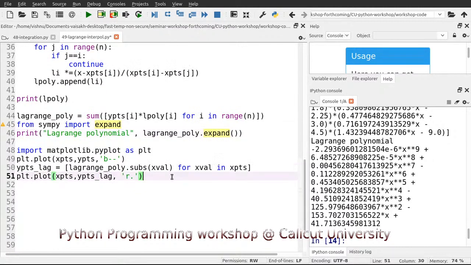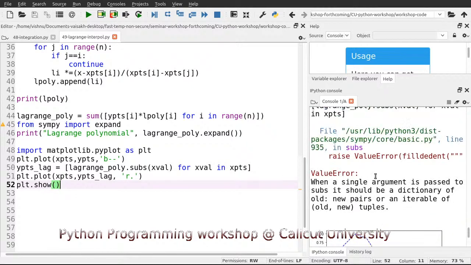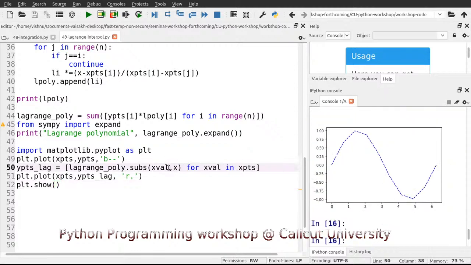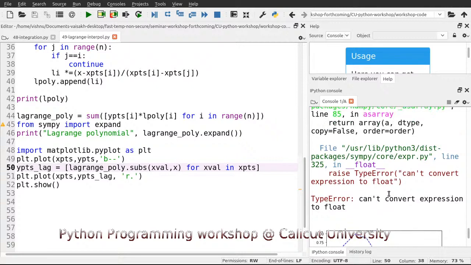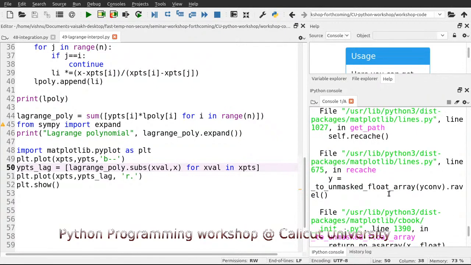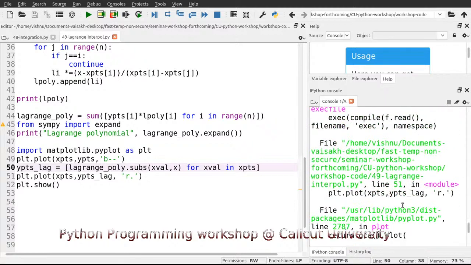Okay, let's see. PLT show. Oh, sorry, for X. What's the problem? Can't convert expression to float. Where is it converting expression to float? Where is the error? X points, Y points, LAG.